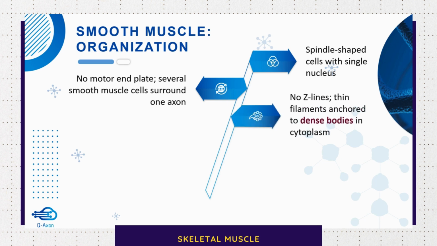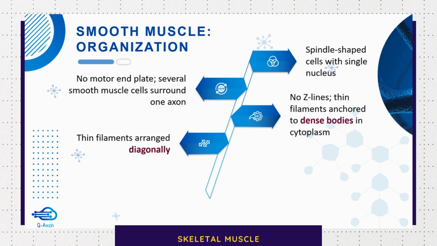Now, though both thin and thick filaments are present in smooth muscles as well, these are not organized into sarcomeres. So there are no Z lines, and therefore the actin filaments are anchored to what are called dense bodies present in the cytoplasm.